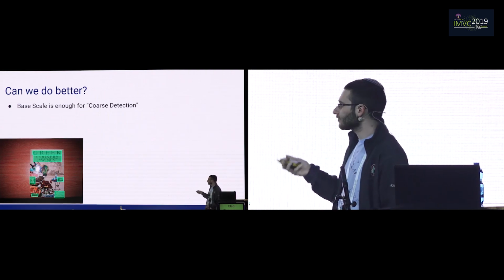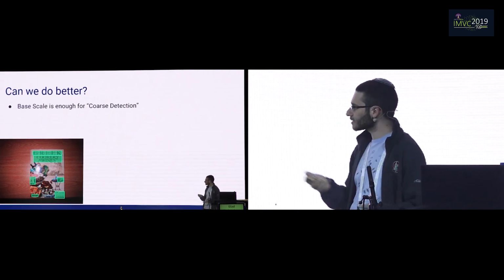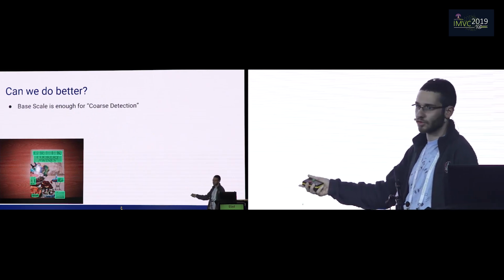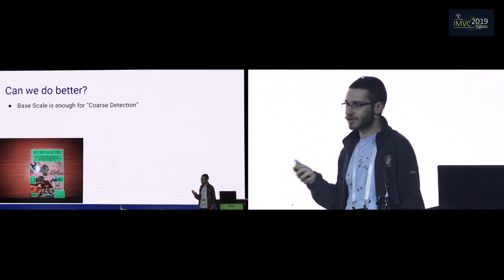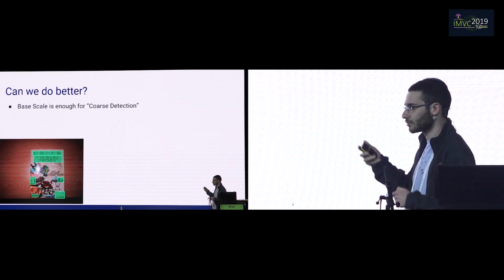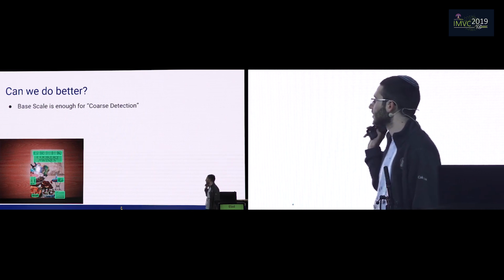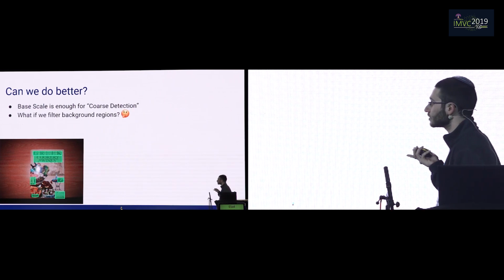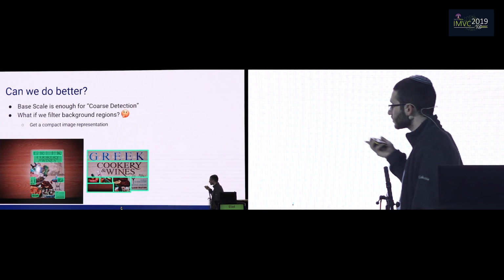When we do regular, blind multi-scaling, we're wasting a lot of time because we already did a single forward pass. We already know which regions might contain text, and we don't need to do post-processing on the entire image. So what we propose is simply to take the image and filter the background regions. This is what it would look like.